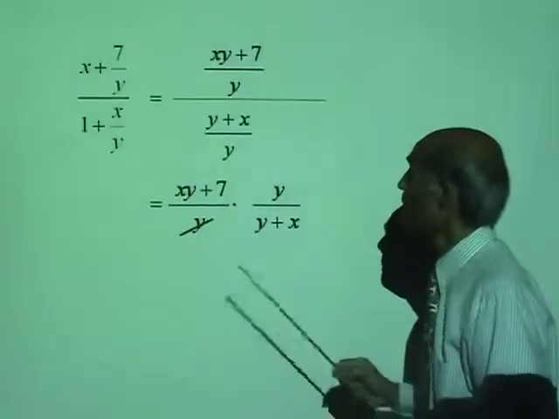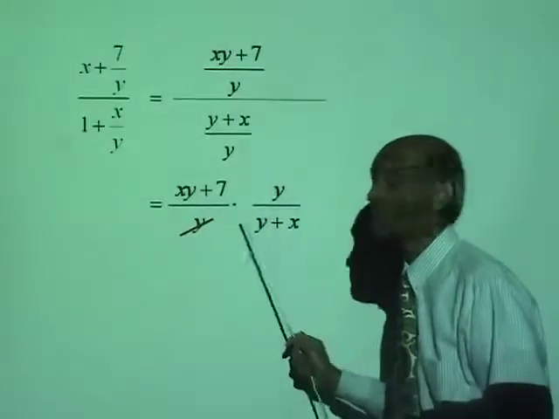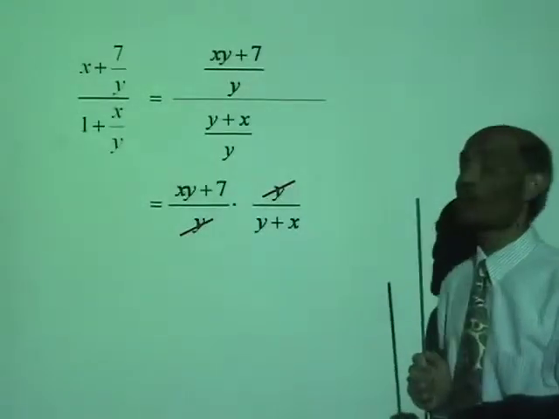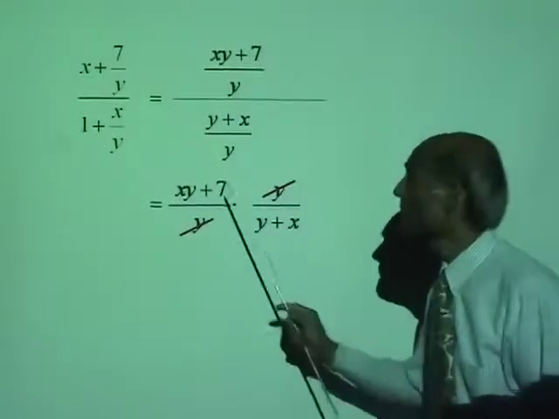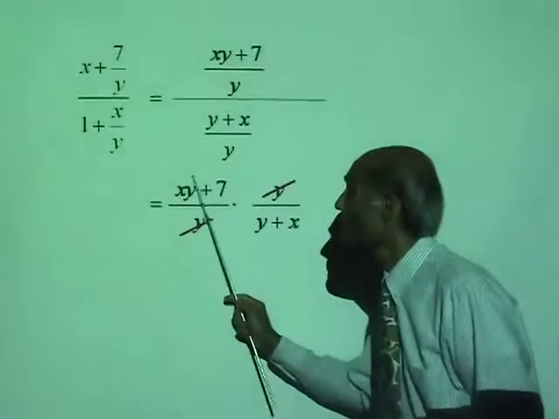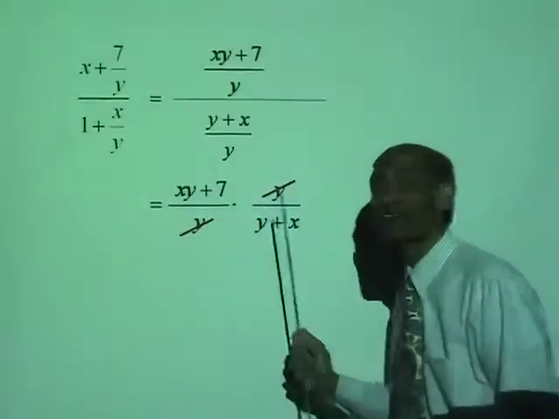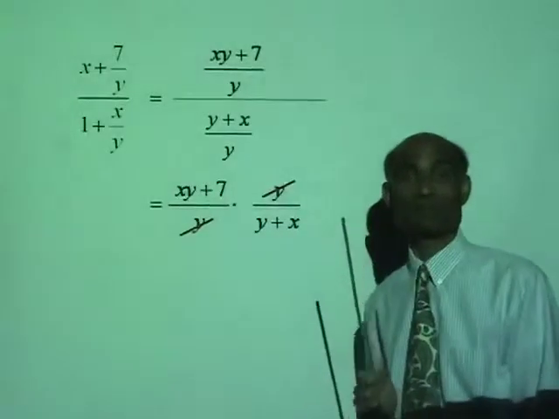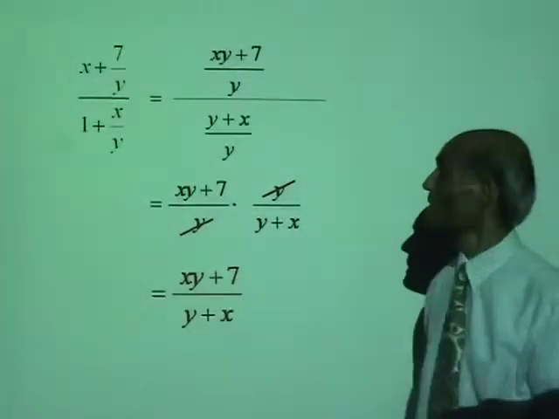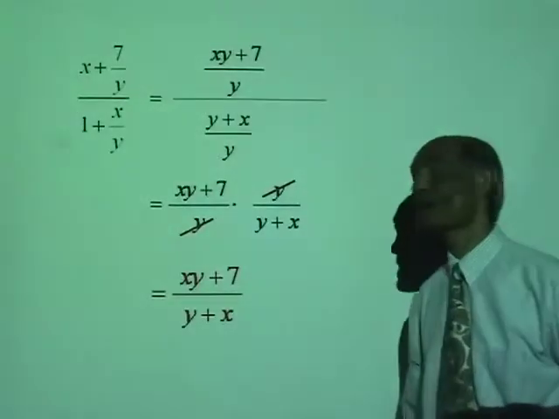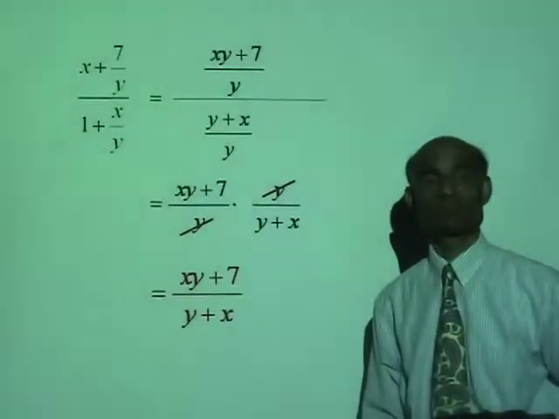Once you do that, you can now cancel common factors. Y on the denominator goes with y on the numerator, leaving us with xy + 7 on the numerator and y + x on the denominator. So the answer is (xy + 7)/(y + x).